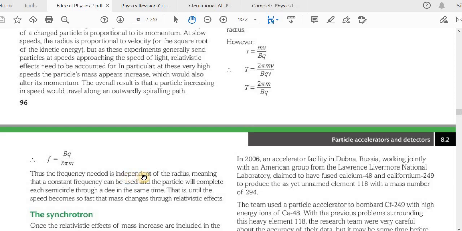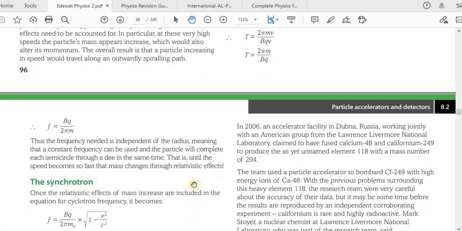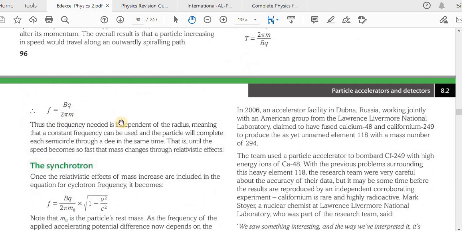Thus the frequency needed is independent of the radius, meaning that a constant frequency can be used and the particle will complete each semicircle through a D in the same time. That is, until the speed becomes so fast that the mass changes through relativistic effects. So here we just found the frequency, and you can see this equation for frequency doesn't have the radius, so the frequency needed is independent of the radius.